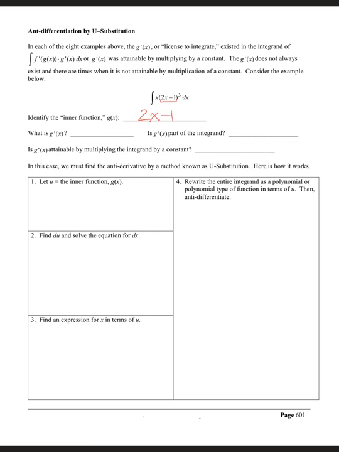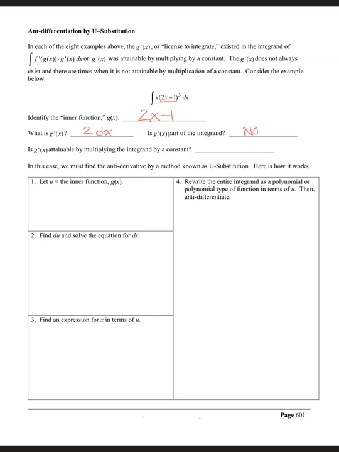Okay, so what is g prime? The derivative of g, that would just be 2. And then if we were doing u substitution, we'd tack on a dx. So is g prime part of the integrand? So do you see 2 dx anywhere in that integral? No. Is g prime attainable by multiplying the integrand by a constant?